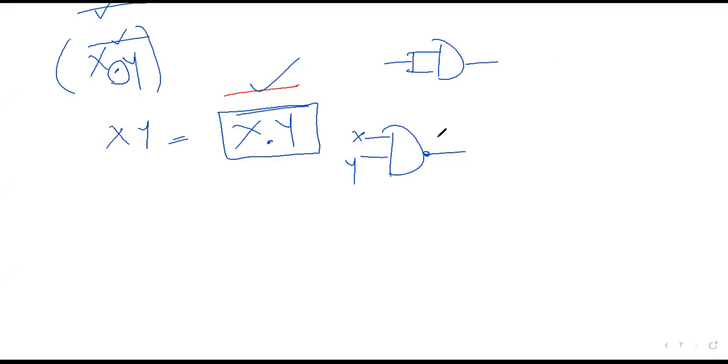So if we have our output here, let's say Z, here we get Z bar. So our output after a NAND gate is X, Y bar. How do we get X, Y bar bar? We put a NOT gate. I hope you get me.